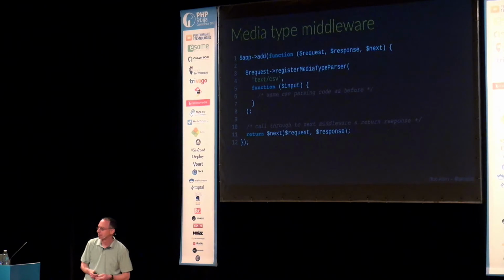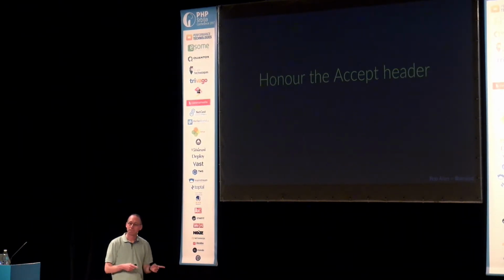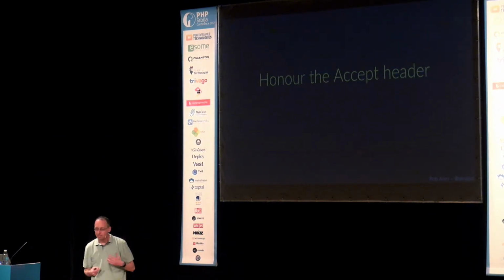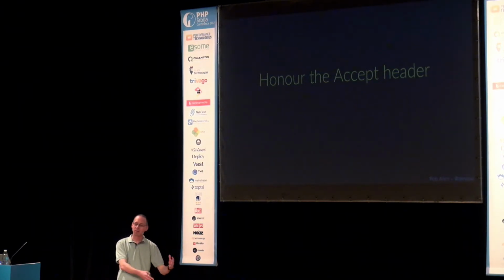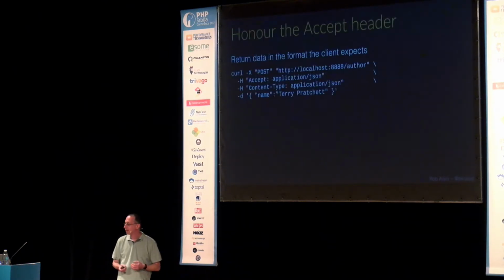What's next? Accept headers. Accept headers go the other way. So we've taken data into our application. We've looked at the content type header, so we know how to decode the data. The other way is the accept header. The accept header is a client telling you the format that it can understand.